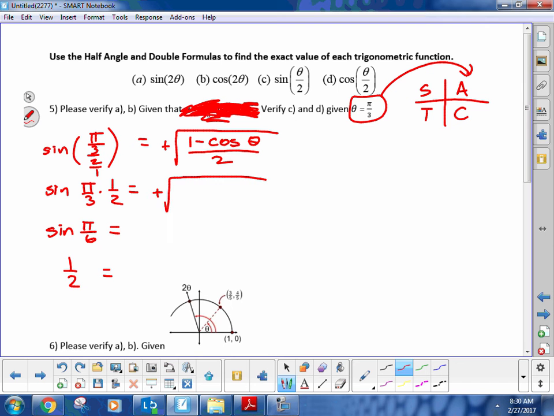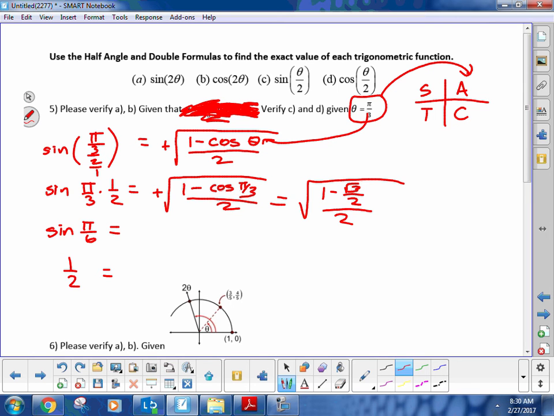Now in this case, we're going to be using directly this value right in here. So we're going to be using cosine of pi over 3 divided by 2. We know that this is going to be 1 minus square root of 3 divided by 2 divided by 2. So, no, that's actually not correct.